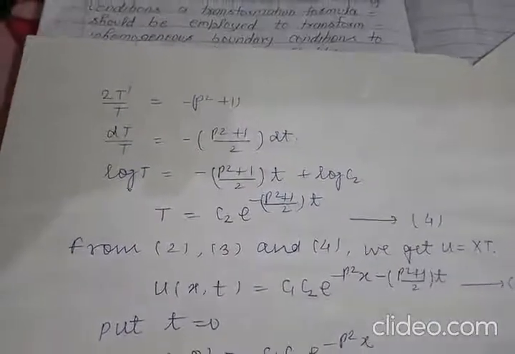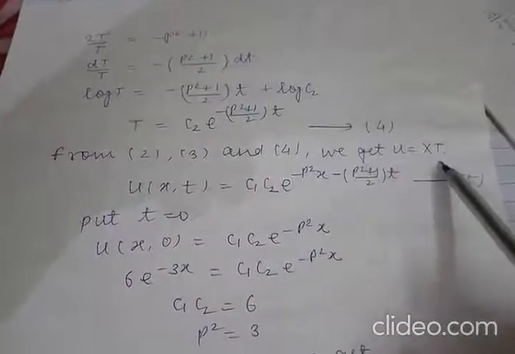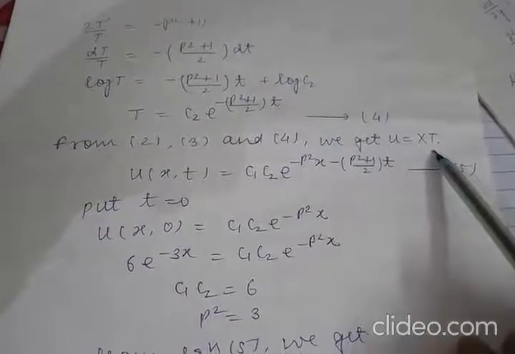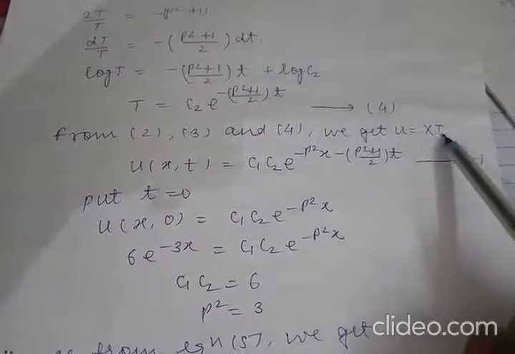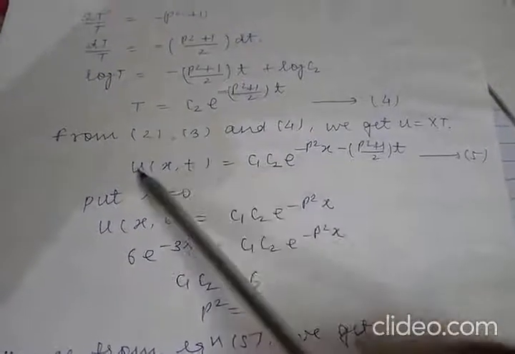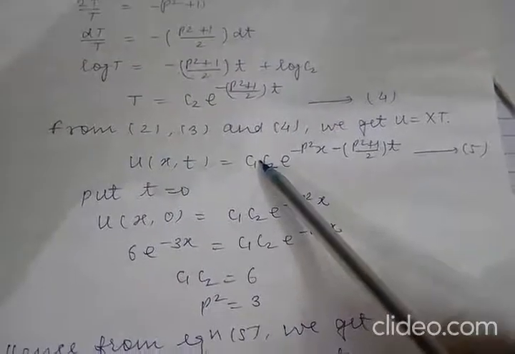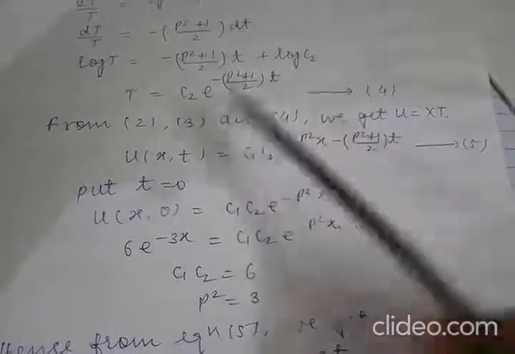As we have assumed from equation 2, 3 and 4 that u is equal to XT. Now in equation 3 we have obtained the value of X, and in equation 4 we have obtained the value of T. Now we will find the value of u, that will be X into T. On multiplying both the values, the value of X will be c1 e to power minus p square x.